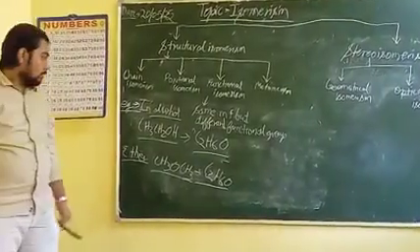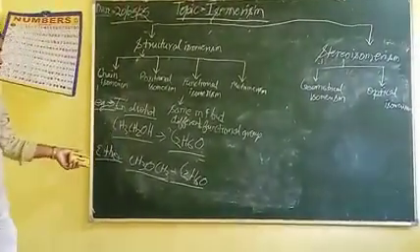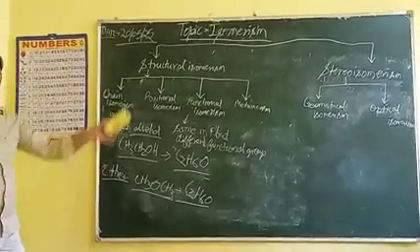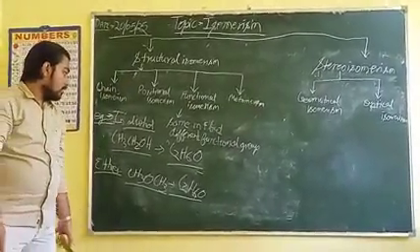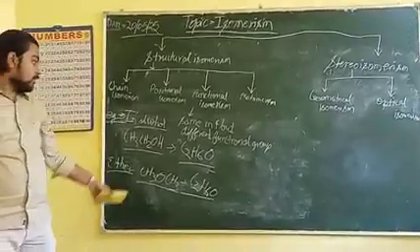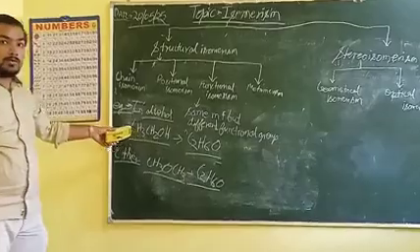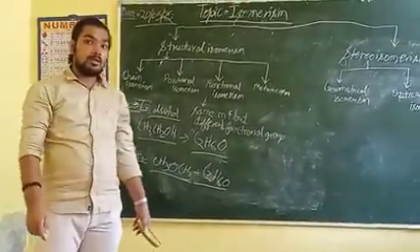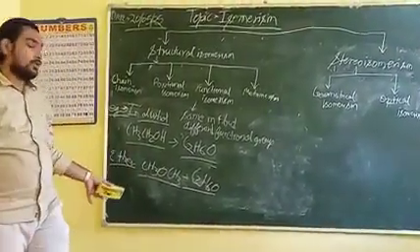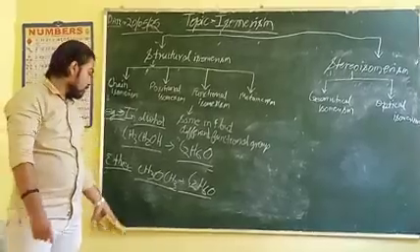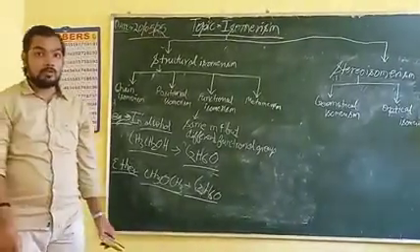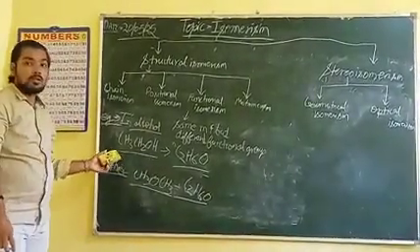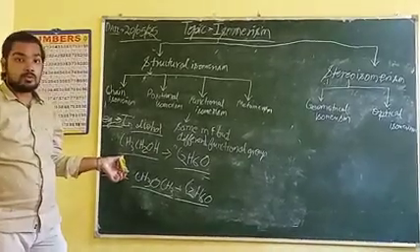Now you can see that in both of these, alcohol and ether, alcohol has a high boiling point because of hydrogen bonding, while the ether gets evaporated easily because ether has no hydrogen bonding.